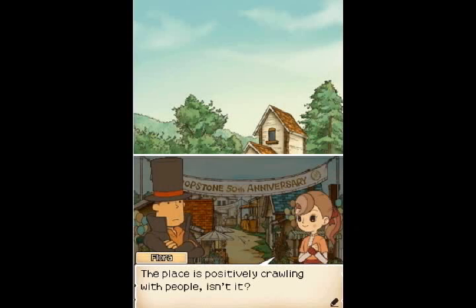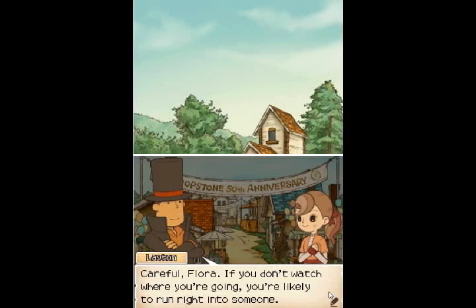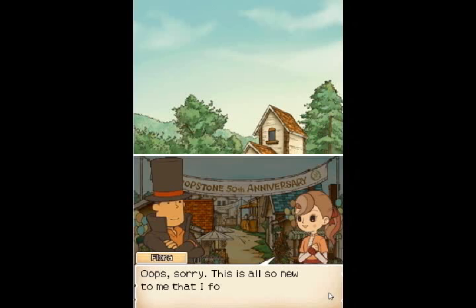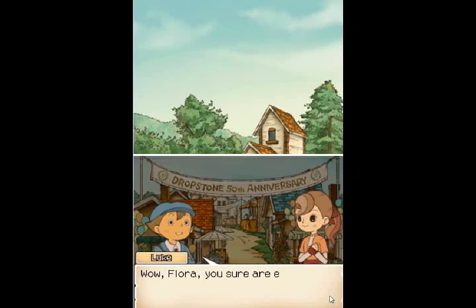This place is positively crawling with people, isn't it? Careful, Flora. If you don't watch where you're going, you're likely to run right into someone. Oops, sorry. This is all so new to me that I forget to pay attention to where I was walking. Understandable. After all, it's quite a change of pace from London. Wow, Flora, you sure are excited.